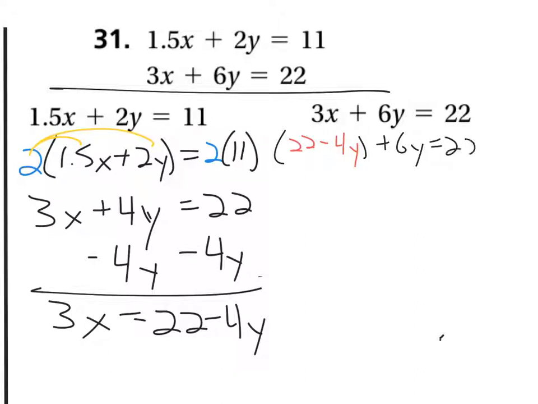Plus 6y equals 22. And now, if I combine the like terms, negative 4y plus 6y equals 22. It seems like we're going to get something funny, but we're not. This is not funny.